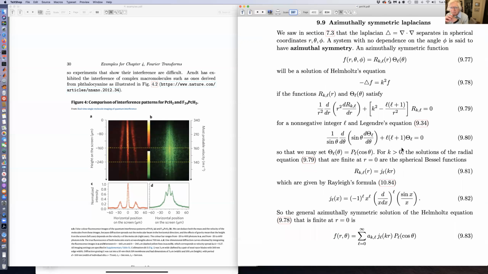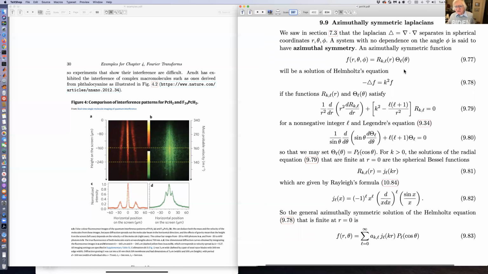Okay, so let's turn now to the application of Legendre polynomials to differential equations. In a spherically symmetric problem, you have the Laplacian occurring often, and it separates, of course, in spherical coordinates, as we saw back in section 7.3. And if there's no dependence on one angle, phi, then we have azimuthal symmetry, and things are simpler.